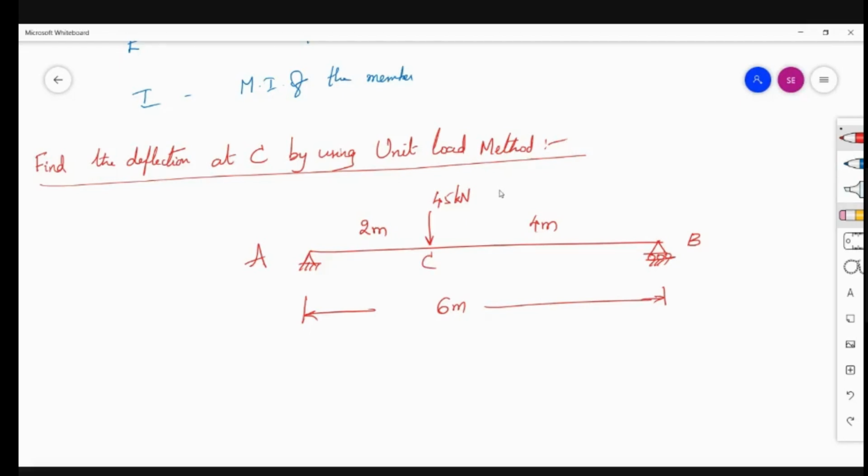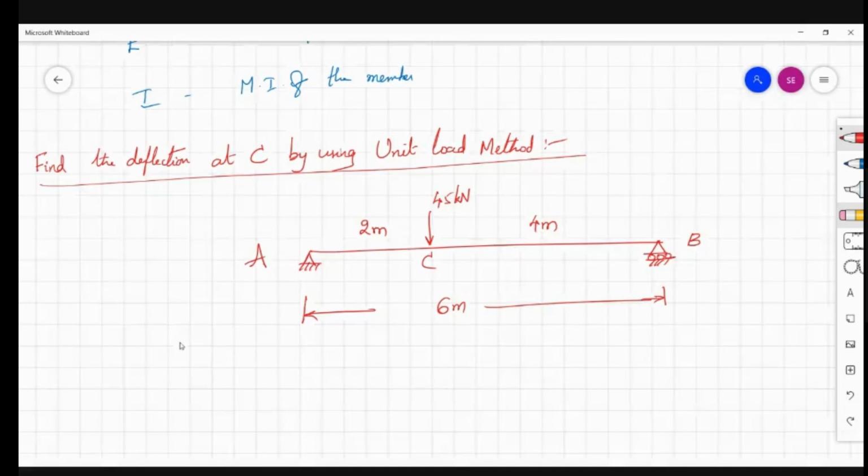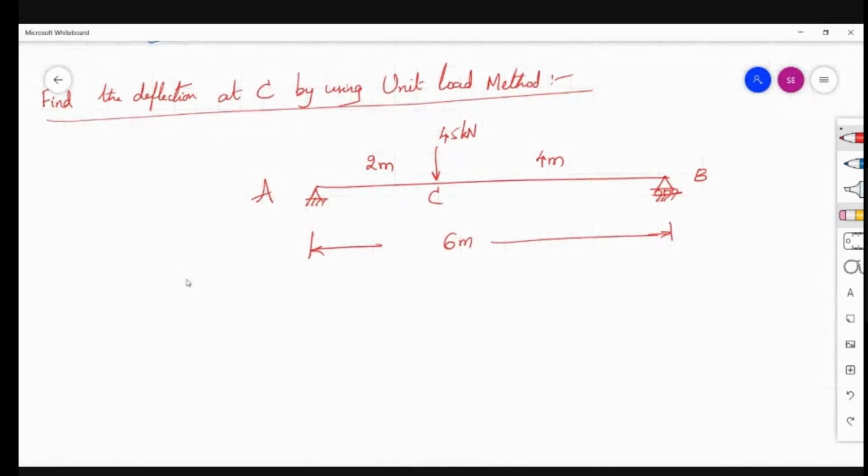This point is C. Find the deflection at C, that means under this point load. It is mentioned to use the unit load method. It can also be solved by the real work method or the strain energy method, but now we are going to solve it using the unit load method.